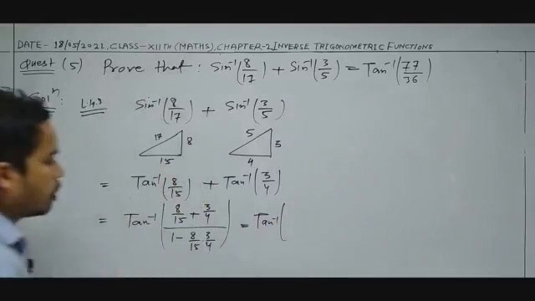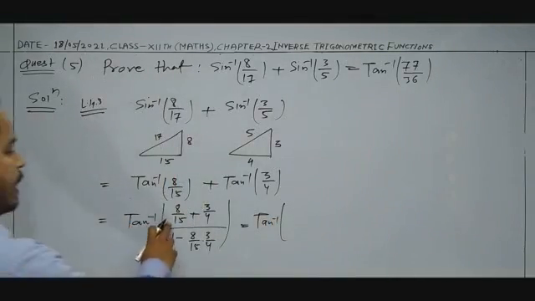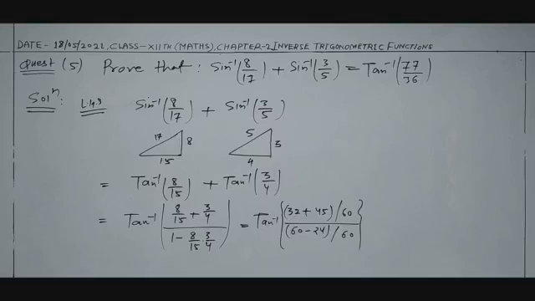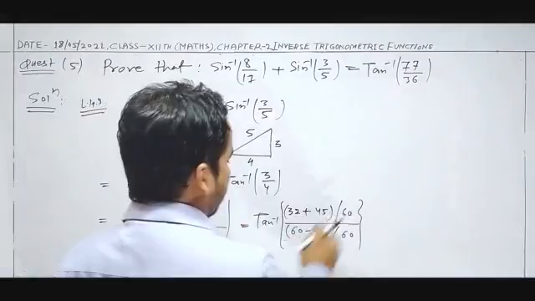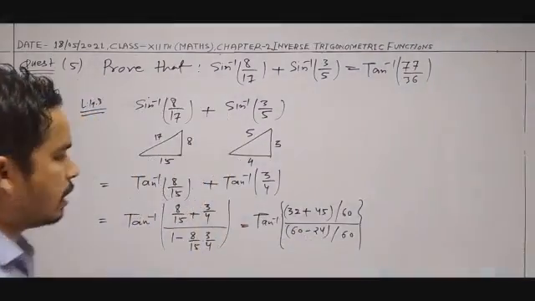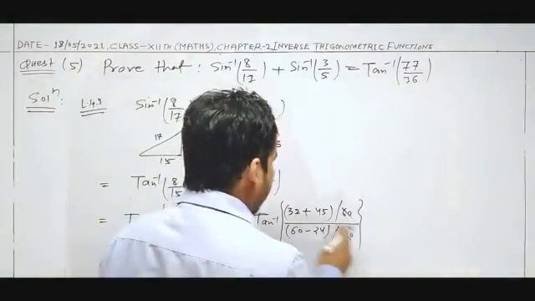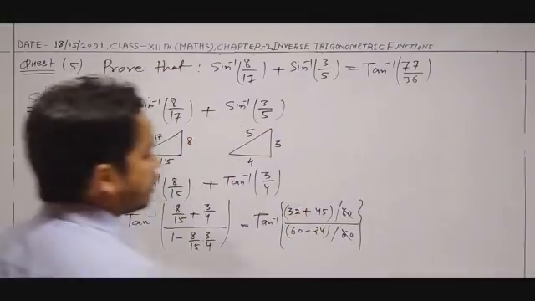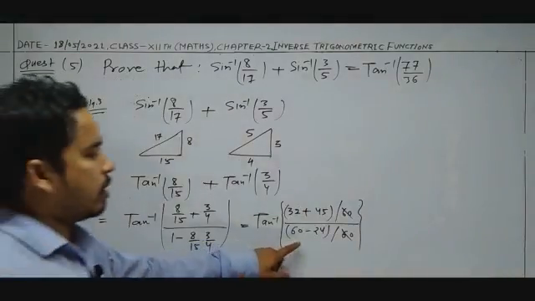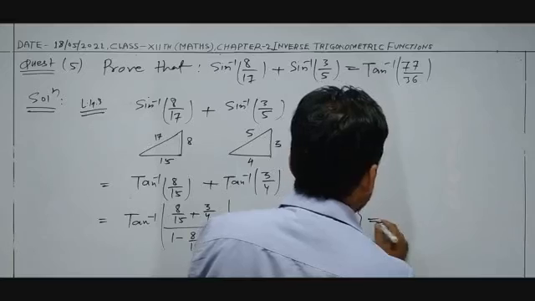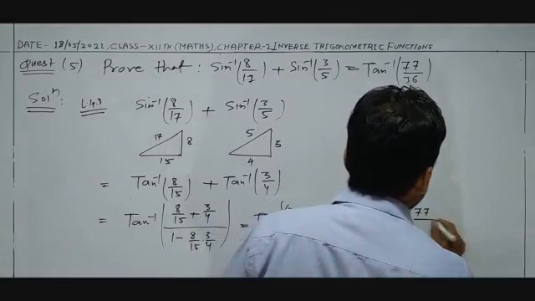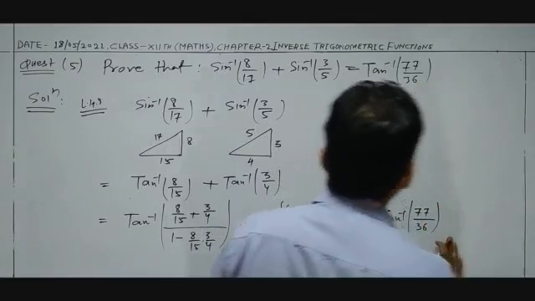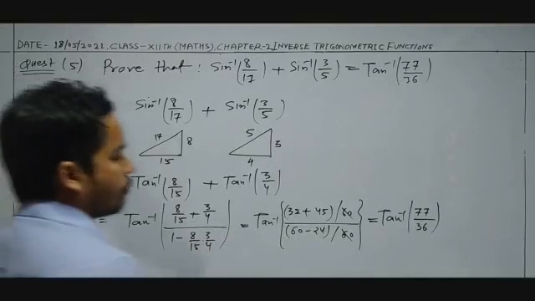Tan inverse, you take the LCM of 15 and 4. The result is 32 plus 45 by 60 and 60 minus 24 by 60. 60 will cancel out and the result will be 32 plus 45, that is 77, whole upon 36. So the result is tan inverse 77 upon 36. This is our proof. Hence proved.